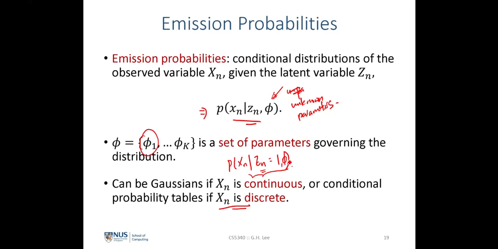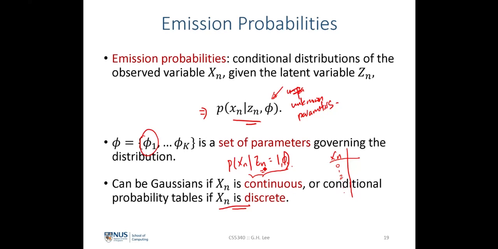And in the case where xn is a discrete state, for every zn taking a certain state, I would have a set of phi which denotes the probability distribution table that tells me what xn is going to take. So xn in this case, since it's also discrete, would be taking 0, 1, 2, or any states over here.